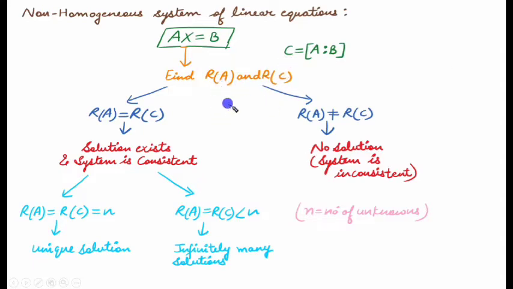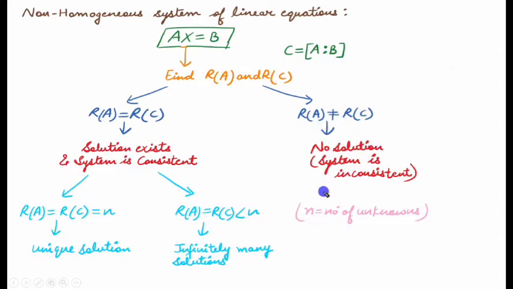Now after this, analyzing these ranks, we will find the solution. If rank of A and rank of C are equal, that is, if the coefficient matrix and augmented matrix have the same rank, then we say that the system is consistent and only then will the system have some solution. But if rank of A is not equal to rank of C, then the solution of this system is not possible.